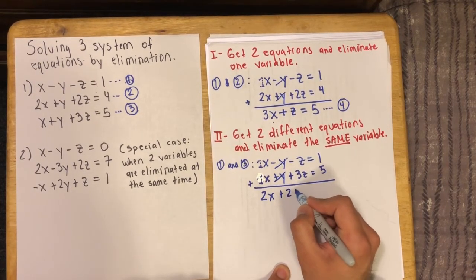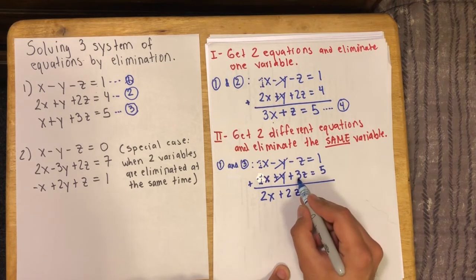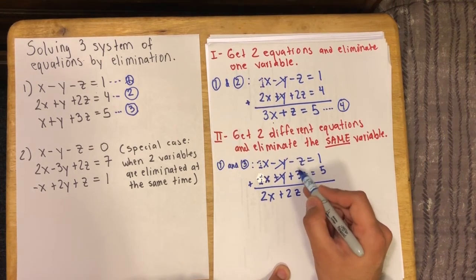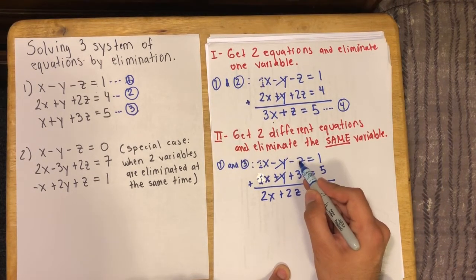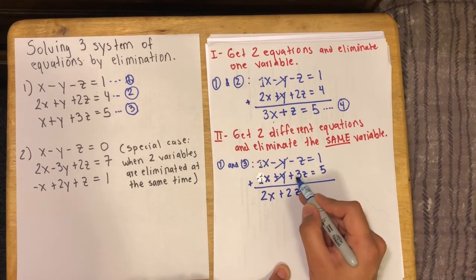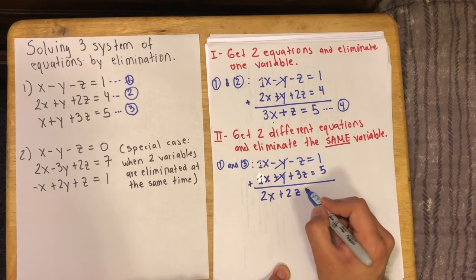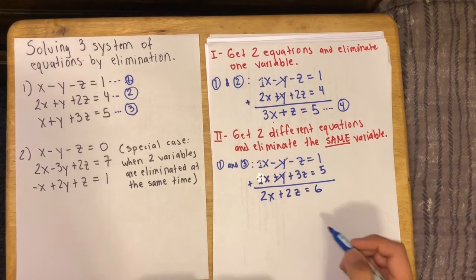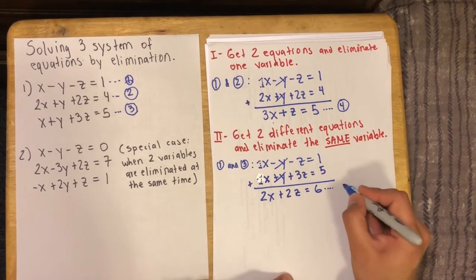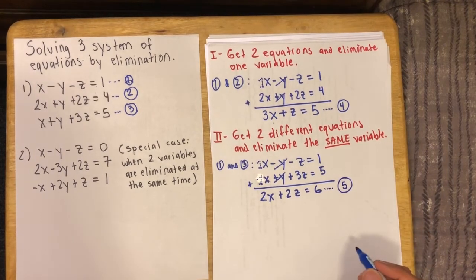That will be plus 2z, positive because 3 is bigger than 1. And then 1 plus 5 gives me 6. This becomes equation 5.